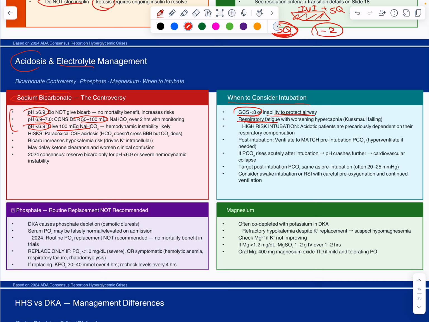Sometimes they can be fatigued because, with the increase in the respiratory rate to compensate for the acidosis, they can have some kind of respiratory fatigue, and that can worsen the compensation.